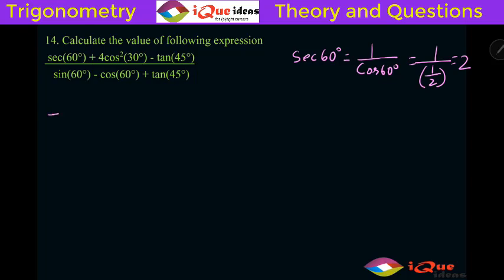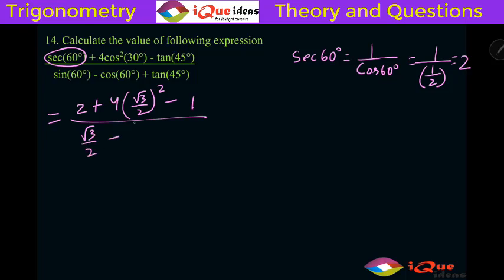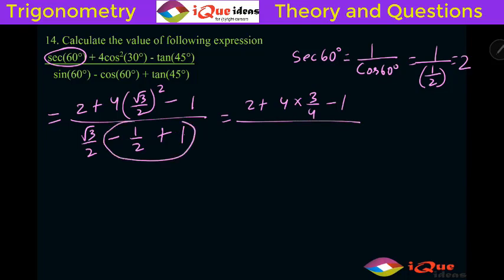So sec 60 degree is 2 plus 4 into cos 30 degree, which is root 3 by 2, so cos square 30 degree is (root 3 by 2) whole square, minus tan 45 degree is 1, divided by sin 60 degree is root 3 by 2 minus cos 60 degree is 1 by 2 plus tan 45 degree is 1. Right? So simplify, you will get 2 plus 4 into 3 by 4 minus 1 divided by this 1 minus 1 by 2, this together will become plus 1 by 2.